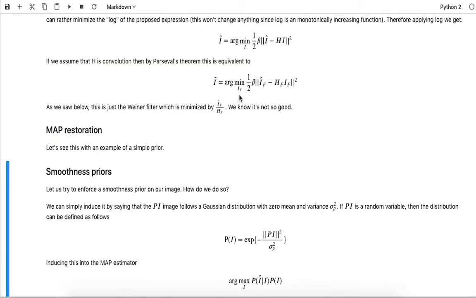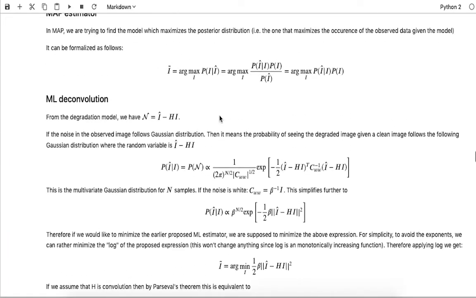We want to find such an IF which minimizes this equation. It has a closed form expression which is exactly the inverse filtering: IF equals I hat F divided by HF, which is just dividing my degraded image by the Fourier transform of my PSF. Okay, so we know that it's bad. We saw before that this solution is not good.